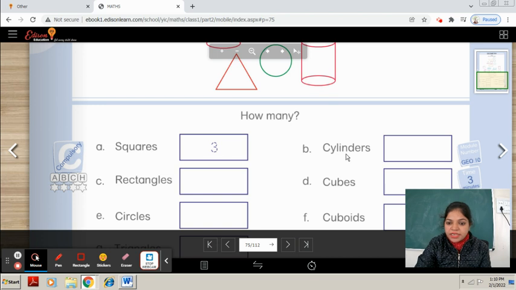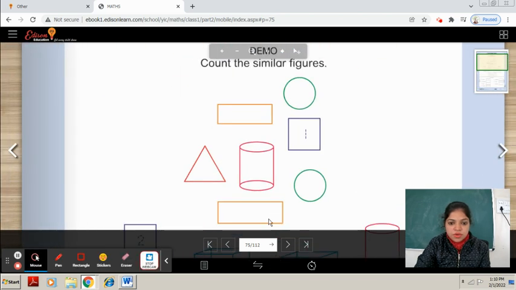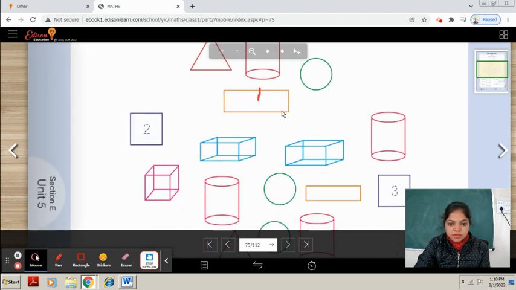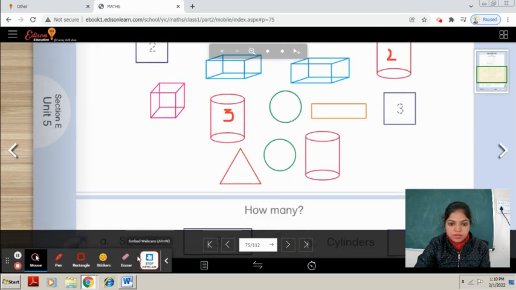So now B part is cylinders. Now we will count the number of cylinders, right? So you can see 1, 2, 3, and 4.